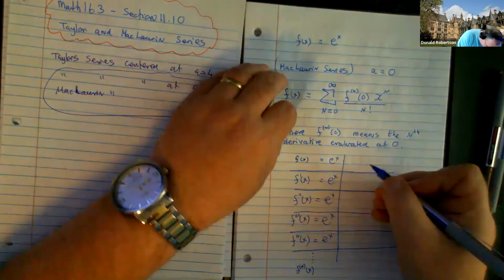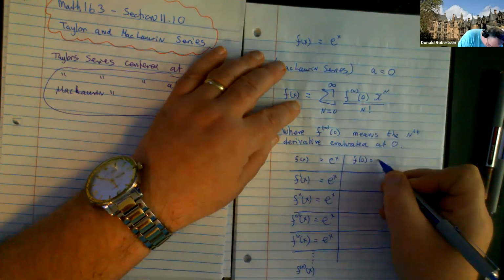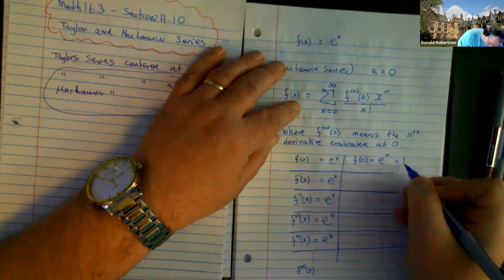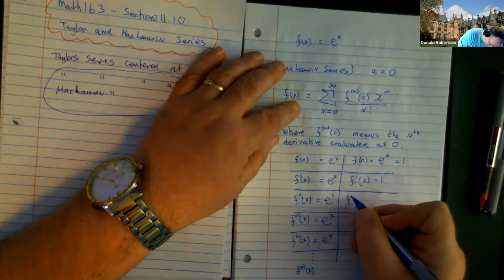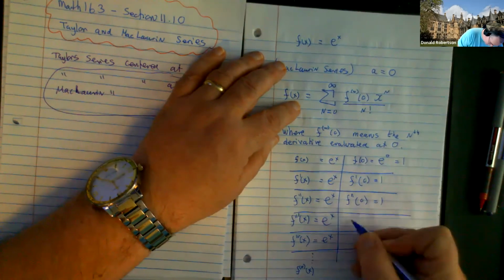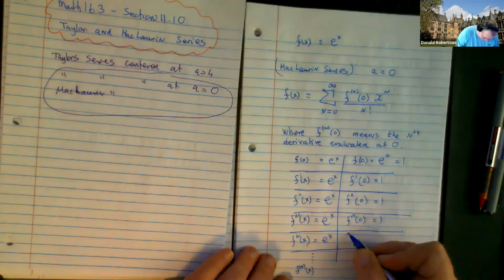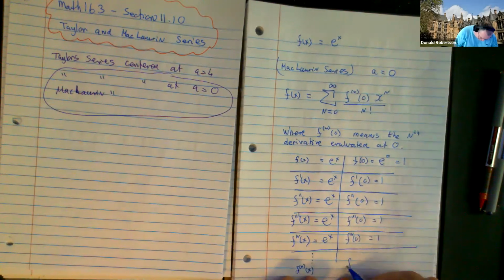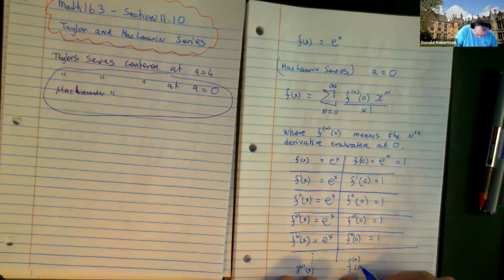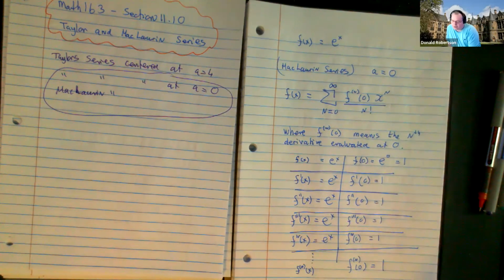Now, on this side, we find the value of the function at 0, which is e to the 0, which is 1. And then the first derivative at 0 is 1. The second derivative at 0 is 1. The third derivative at 0 is 1. The fourth derivative at 0 is 1. This is a very nice pattern. Would you agree that I don't actually need to know the nth one? Would it surprise you that the nth derivative at 0 is also going to be worth 1?